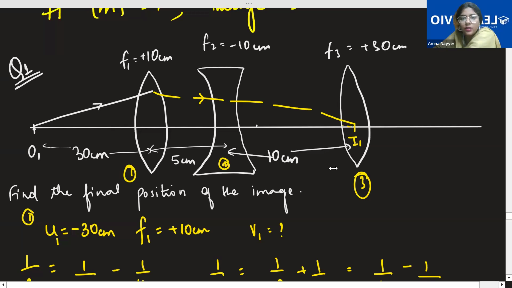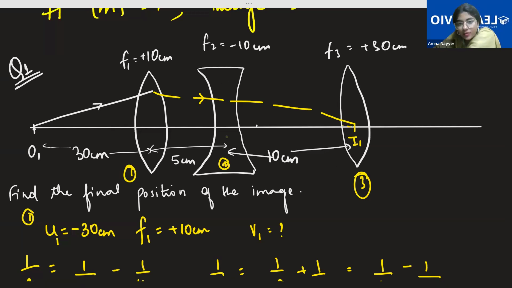Now, Jasleen, you tell me what will be the object distance for this concave lens. I told you what the object is. Tell me what will be the object distance? Minus 35 centimeters. What is the object for the second lens, the concave lens?